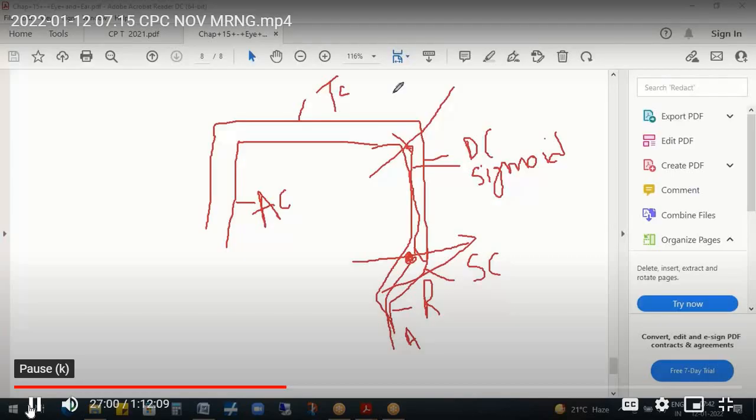Now, can you tell me if the end tip of the catheter is in transverse colon, what type of scope is it? Colonoscopy. If the scope is behind the splenic flexure, what type of scope is it?